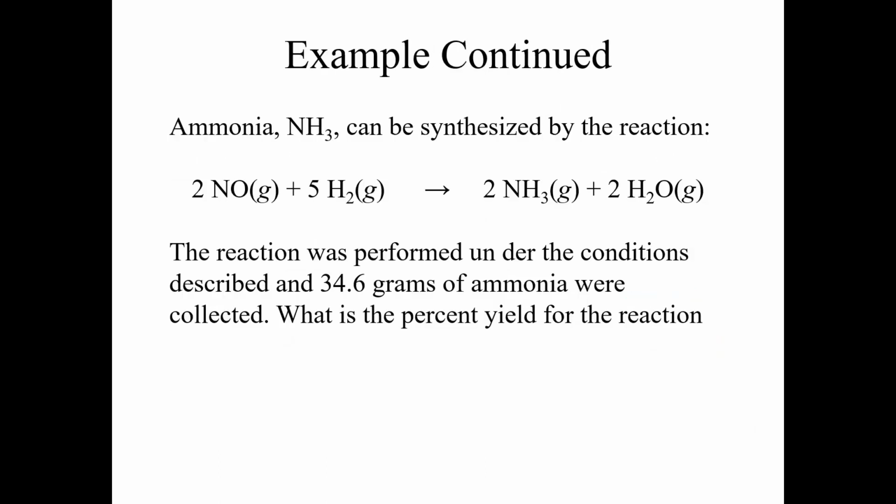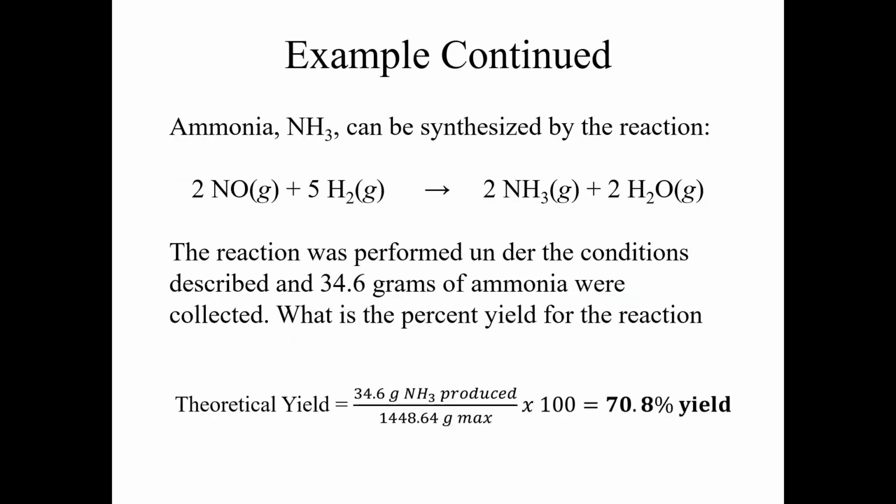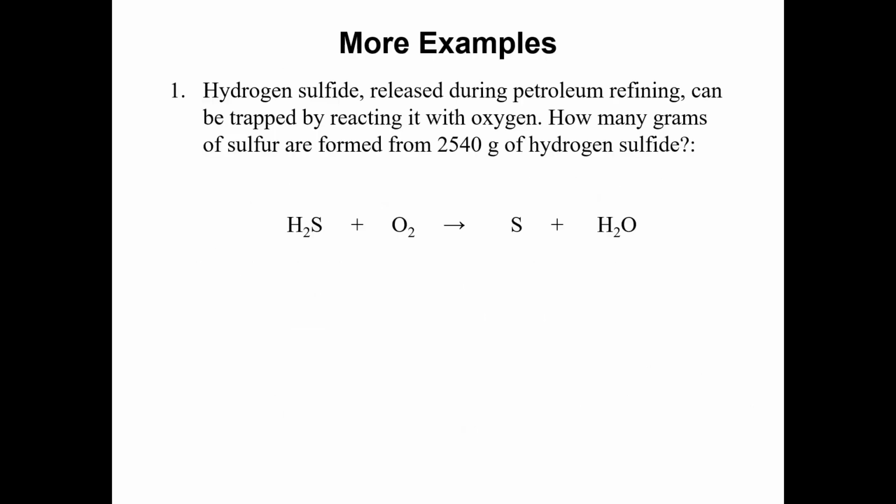And then all you have to do is take this actual yield divided by the theoretical yield we calculated earlier, and I have a typo here, right? This was 48.64 grams max, which gives me a 70.8% yield.